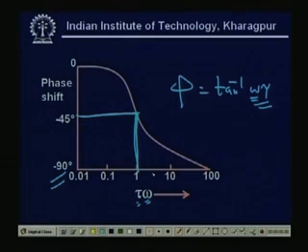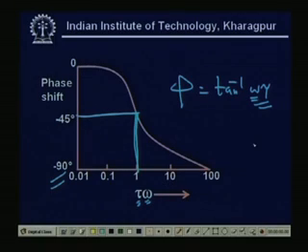So the frequency, or the tau, will determine at what frequency you can use your instrument. If you fix omega, tau will be determined, and if you know that my signal has some particular frequency, I can tell what the value of tau should be so that I get a reasonable response of the input to the system.